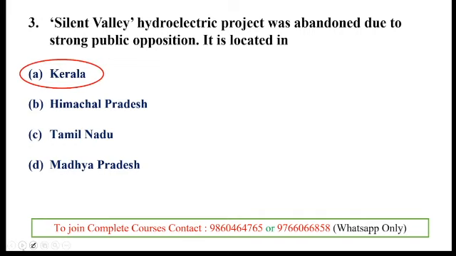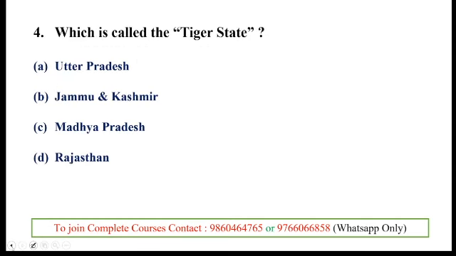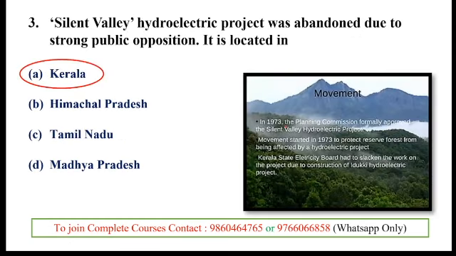So the Silent Valley in Kerala is the important national park here. In 1973 the Planning Commission formally approved the Silent Valley hydroelectric project and later it caused conflicts with the people who inhabit there and the problem became severe, so the project was abandoned.